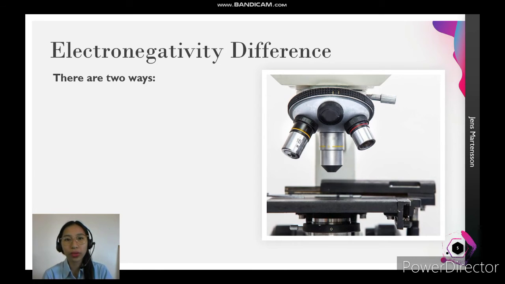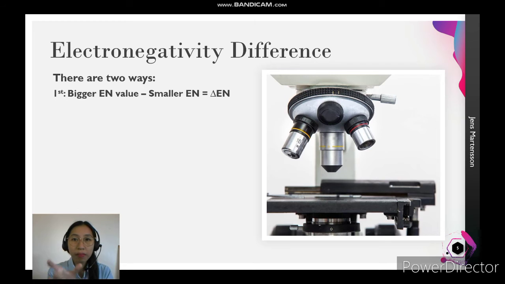There are two ways to get the electronegativity difference. Okay? First way is get the bigger value, katong mas larger nga EN value kung tayo nakay duha ka atoms, imo silang imong tan-awon kung mag-combine sila, is it a polar or a non-polar molecule. So ang imong buhaton is pangitaon nimo ang EN value gamit ang periodic table.